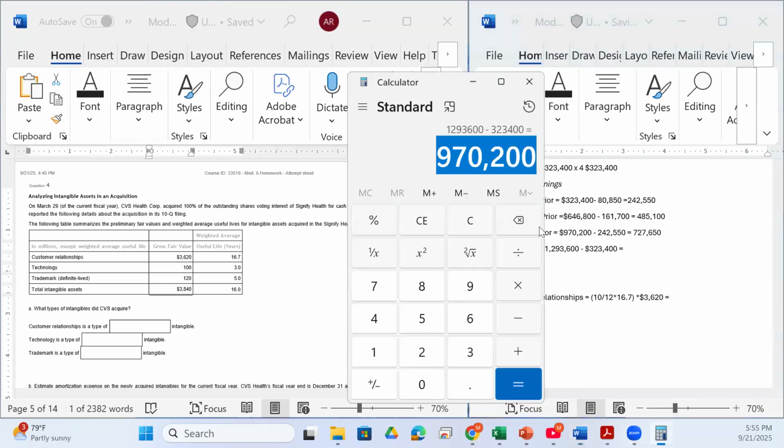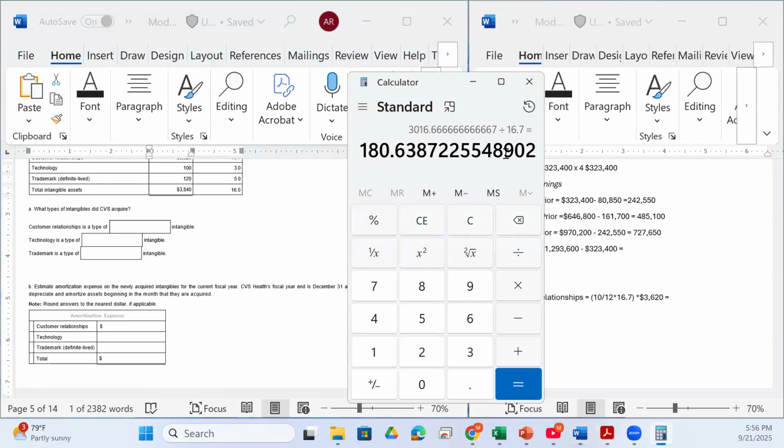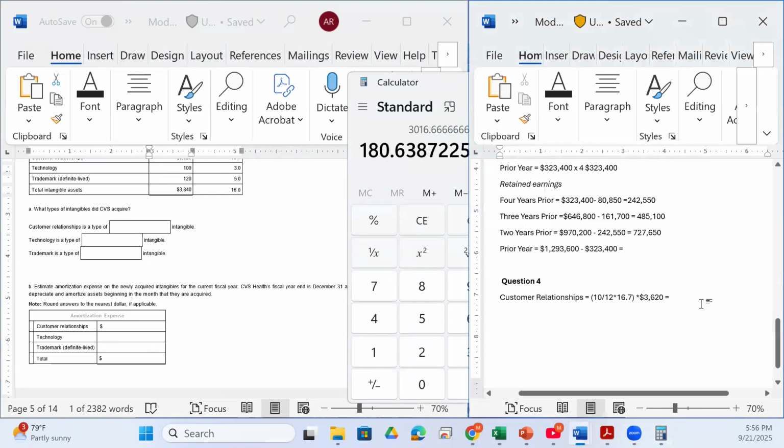So this will be this times 10 divided by 12 divided by 16.7. Rounding answers, it should be 181.